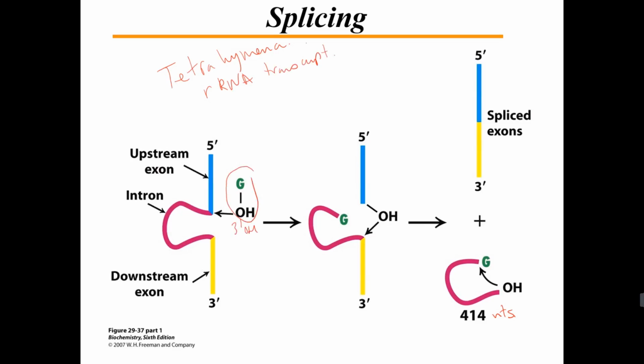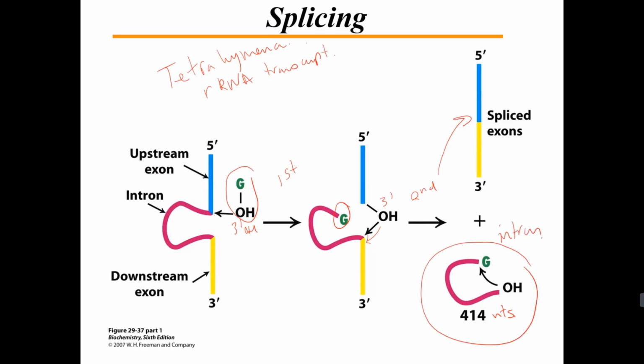We get the first transesterification reaction and incorporation of the G into the 5' end of the intron, and then that free 3' hydroxyl from the 3' end of exon number 1 will nucleophilically attack that second splice site, so we can get the second transesterification reaction, joining of the two exons together and release of the intron, which is 414 nucleotides in length.